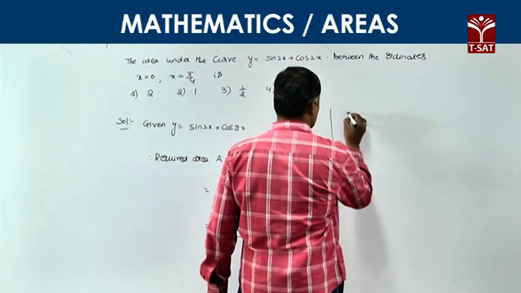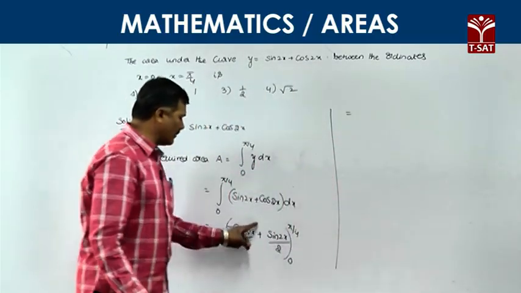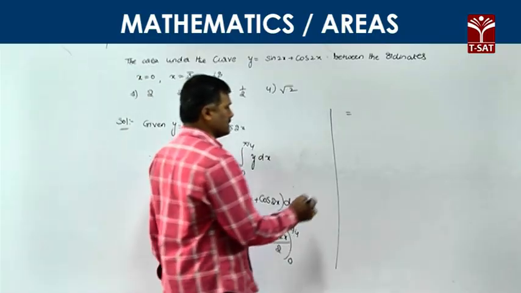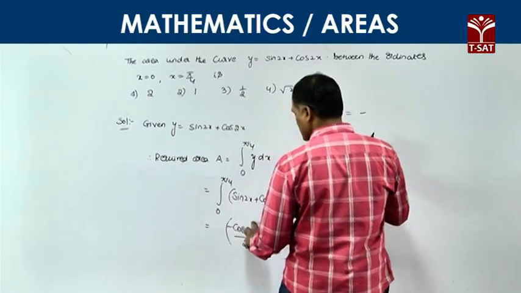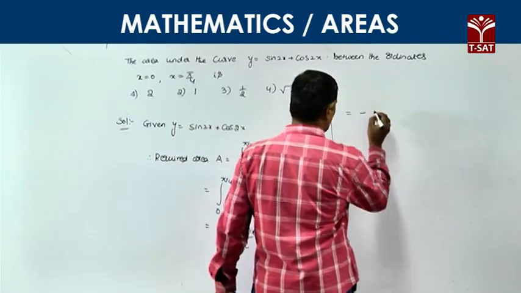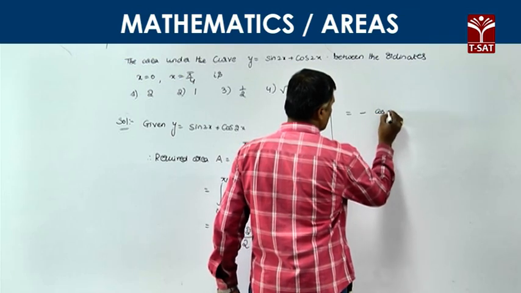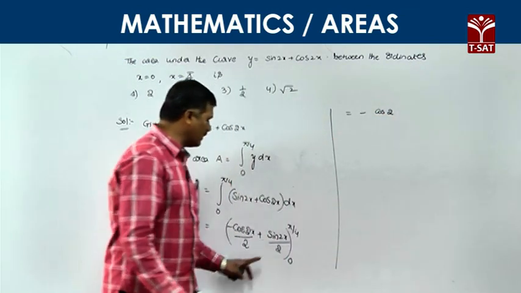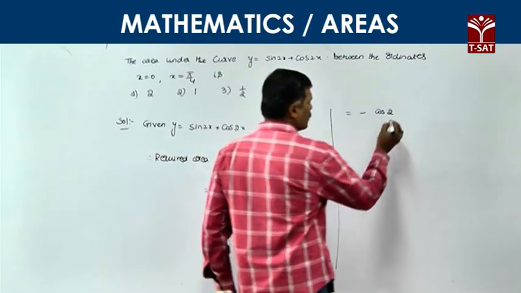That is equal to, first apply upper limit minus lower limit: before cos there is a negative sign, minus cos 2 times x, x value here π/4, 2 times π/4.